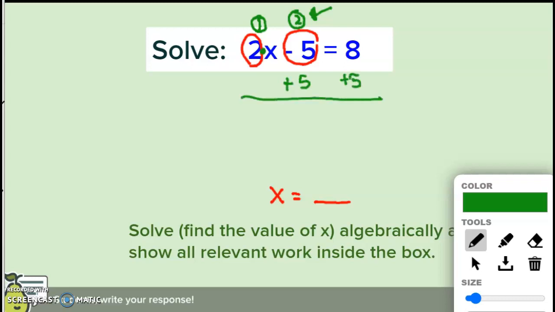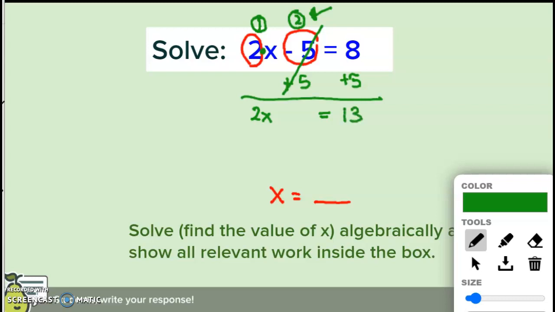Then this -5 plus 5 would go away to 0, and on the left-hand side of the equal sign you're just left with 2x plus 0, but I don't even have to write 0, because adding a 0 to anything does not change its value. On the right-hand side of the equal sign, 8 plus 5 is 13.